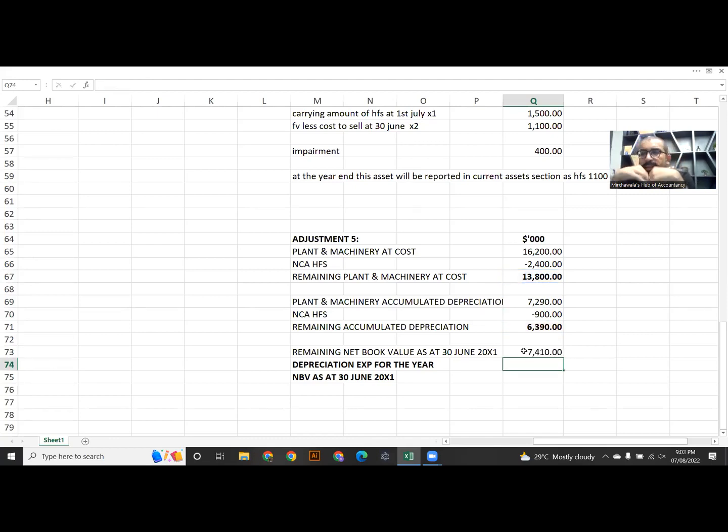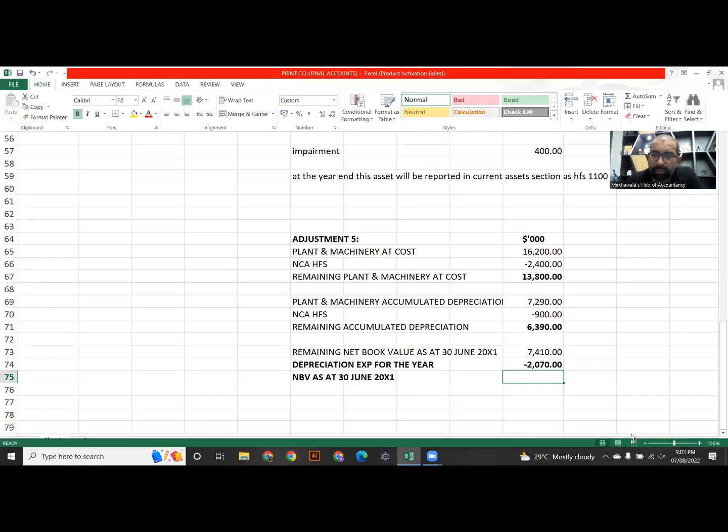Now calculate the depreciation expense for the year. Do you guys remember it? It was the remaining cost times 15%, 0.15. So it was 2070.